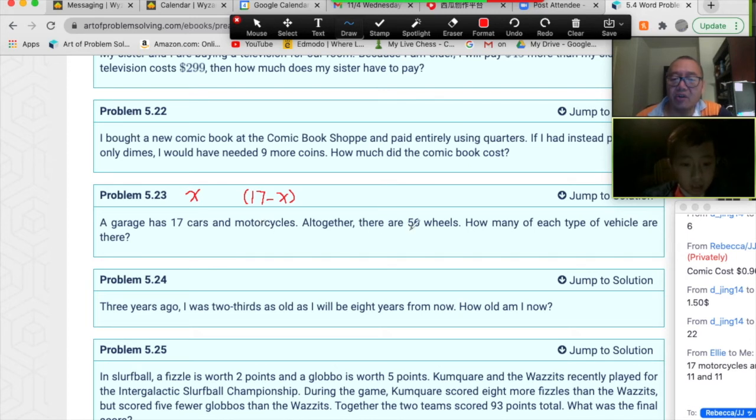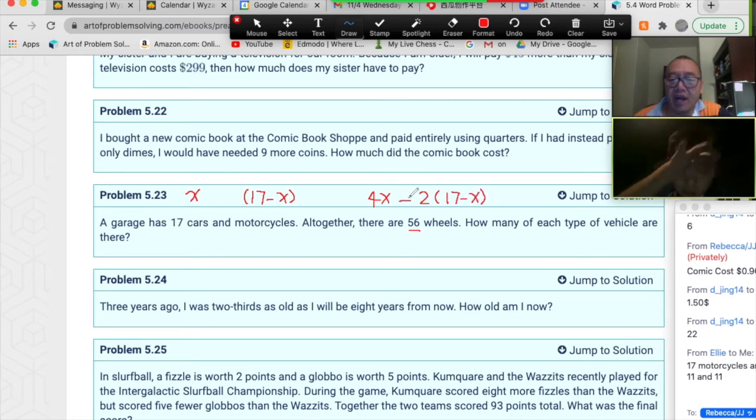Then they tell you there are 56 wheels. Each car has 4 wheels, right? So the number of wheels the cars have will be 4 times X. The number of wheels the motorcycles have is 2 times (17 minus X), right?